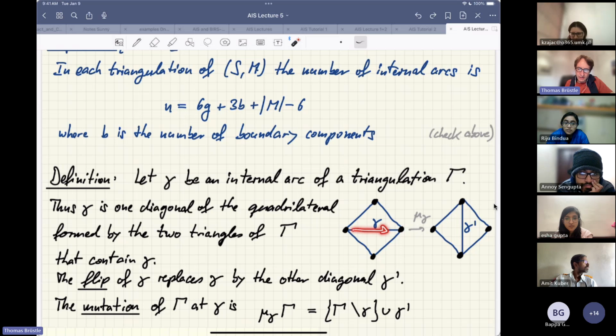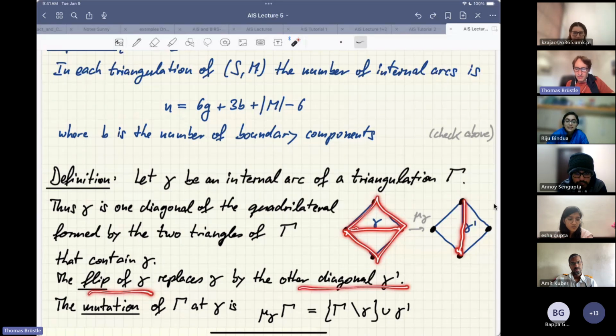If you have an orientation, there's the left triangle and the right triangle to gamma. Now these two triangles together form a quadrilateral, the union of these two triangles. Gamma is one diagonal of this quadrilateral, and there's another diagonal of the same quadrilateral. So my mutation is simply that I flip the one diagonal to the other diagonal.